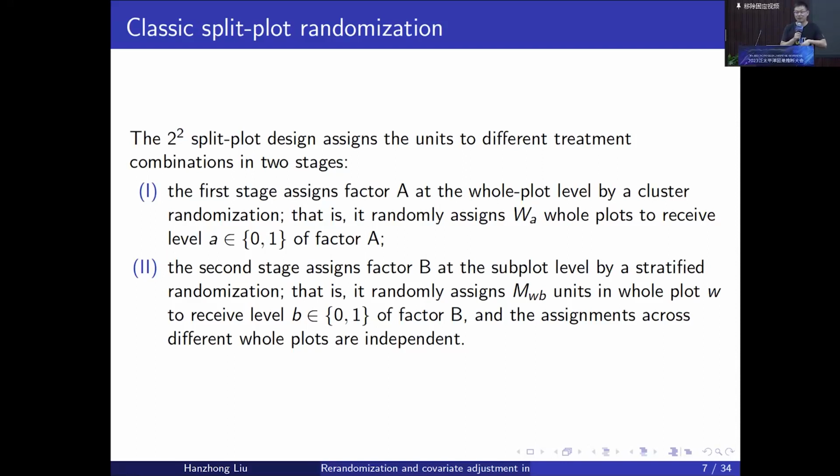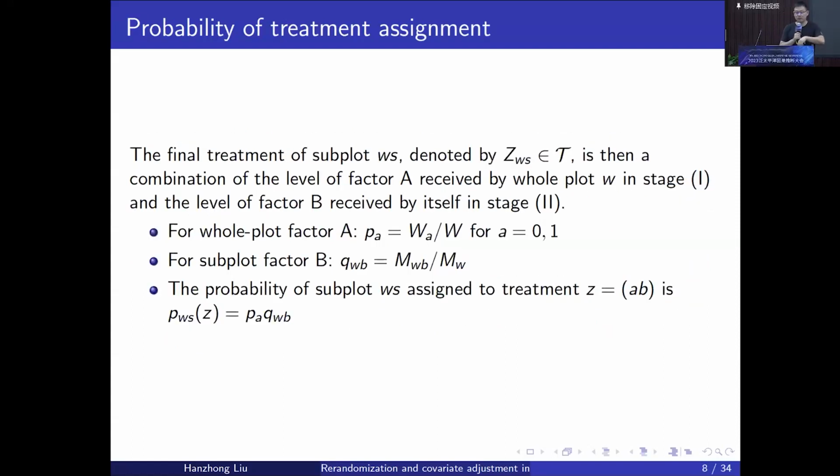That is, it randomly assigns W_a whole plots to receive level a of factor A, and then assigns factor B at the subplot level by a stratified randomization, that is, randomly assigns M_wb units in the whole plot w to receive level b of factor B. The final treatment of the subplot ws, denoted by Z_ws, is then a combination of the level of factor A received by the whole plot w and the level of factor B received by the unit ws.